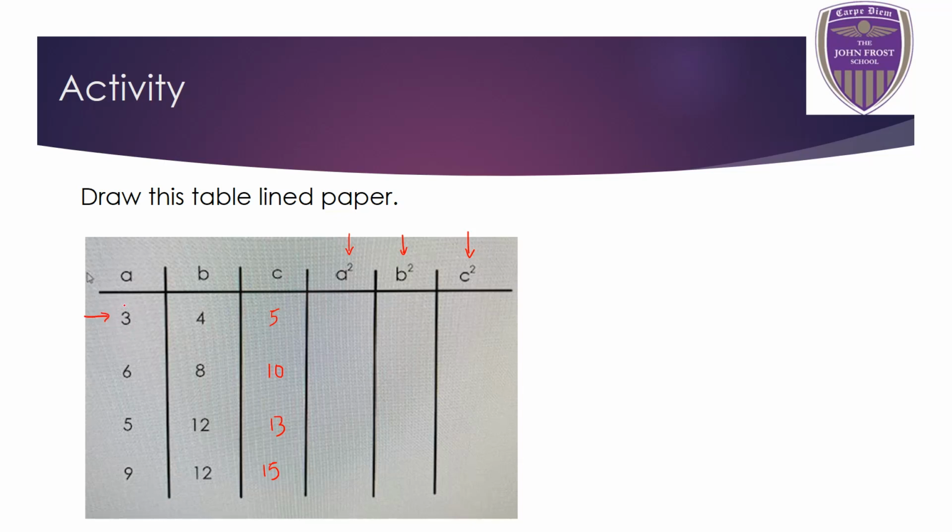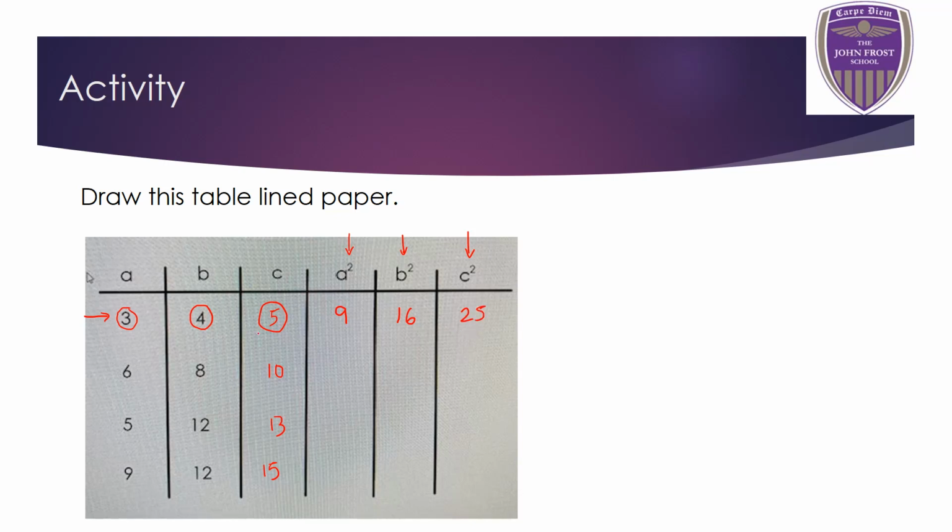So here, where A is 3, to work out A squared, I'm going to do 3 squared. 3 times 3 makes 9. B is 4, and in here, I am going to work out 4 squared. 4 times 4 is 16. And finally, C, we measured as 5 centimeters, and I'm going to work out what 5 squared is. 5 times 5 is 25.